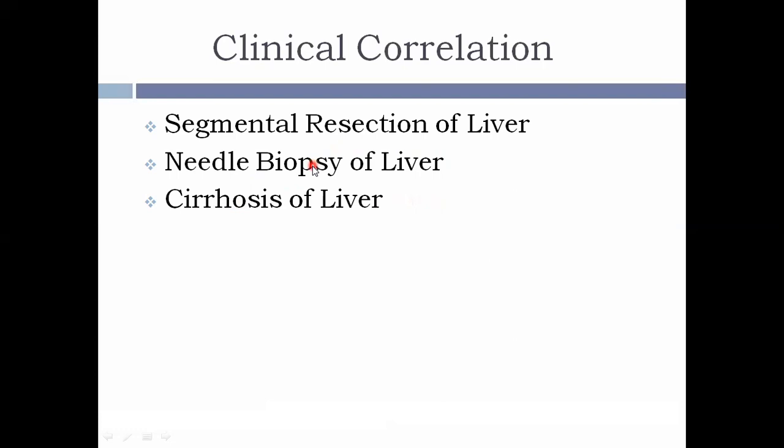Where is this needle inserted? The needle is inserted in the mid-axillary line, through the 9th or 10th intercostal space on the right side. What structures does the needle pass through? The chest wall, the costodiaphragmatic recess of the pleura, and the diaphragm.